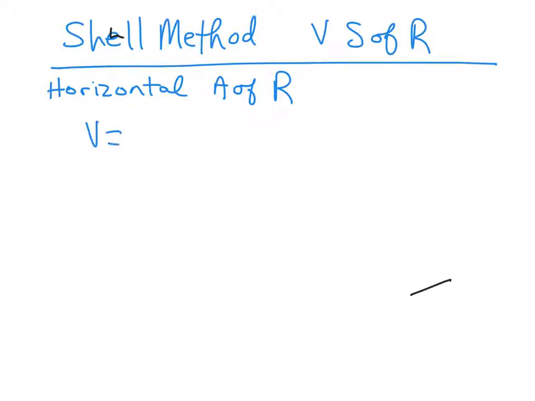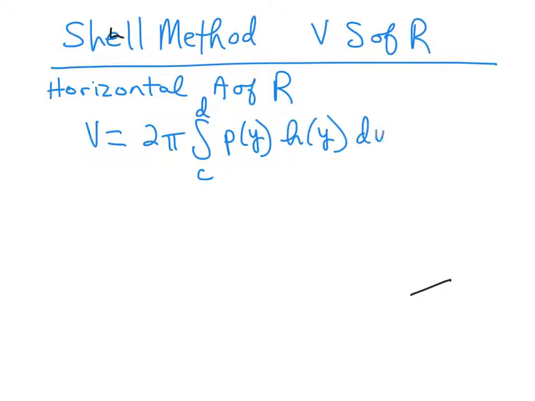So the volume would equal the 2 pi that we found earlier times the integral from c to d of p of y, h of y, dy. We'll talk about what the p of y is in just a moment. And the h of y is going to be the height of your rectangle.